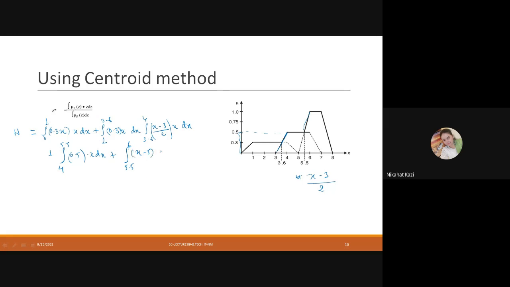Next, from 6 to 7, it's a straight line. It is 1. And finally, 7 to 8. This negative slope is there.